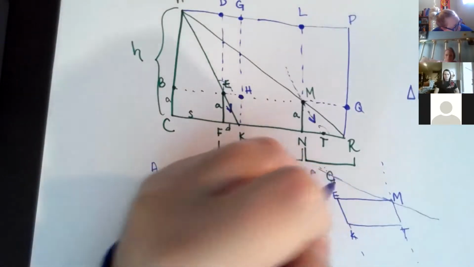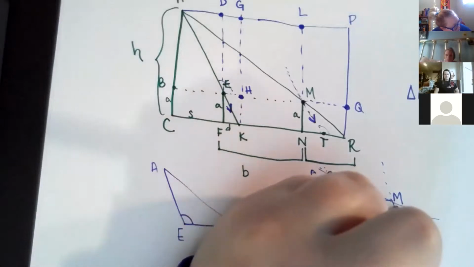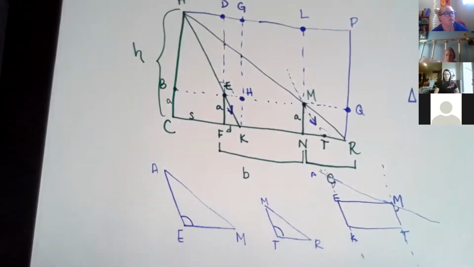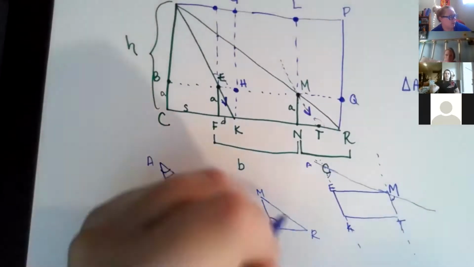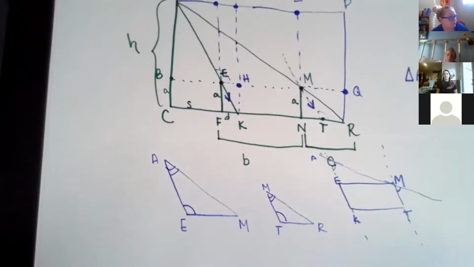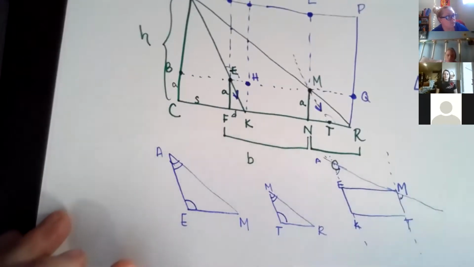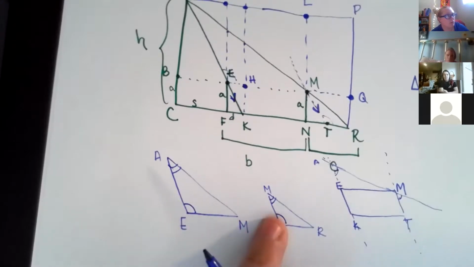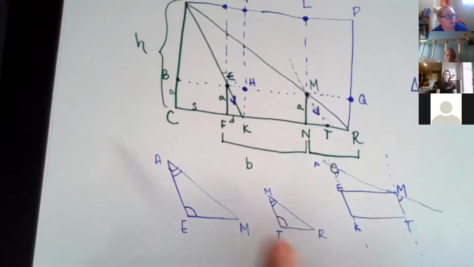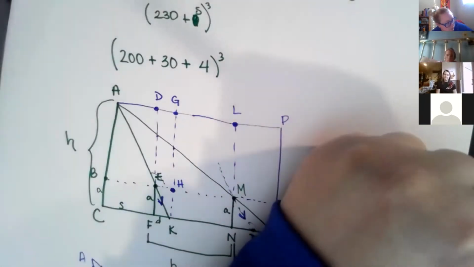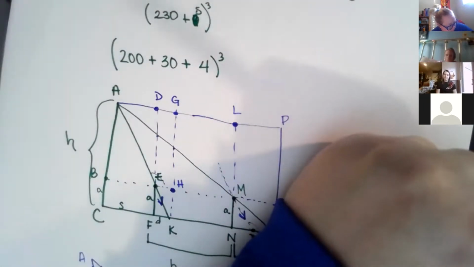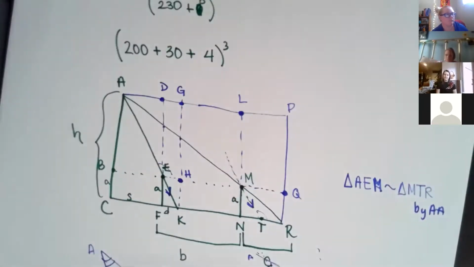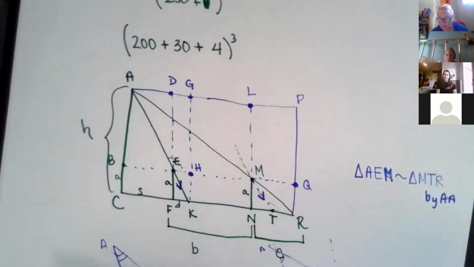So this angle would be the same as that angle. Yeah, you're right. Then we have angle, angle, angle. The ones on the bottom line are the same, so by angle-angle similarity, those triangles. So this would be by angle-angle. Okay, we got that part.